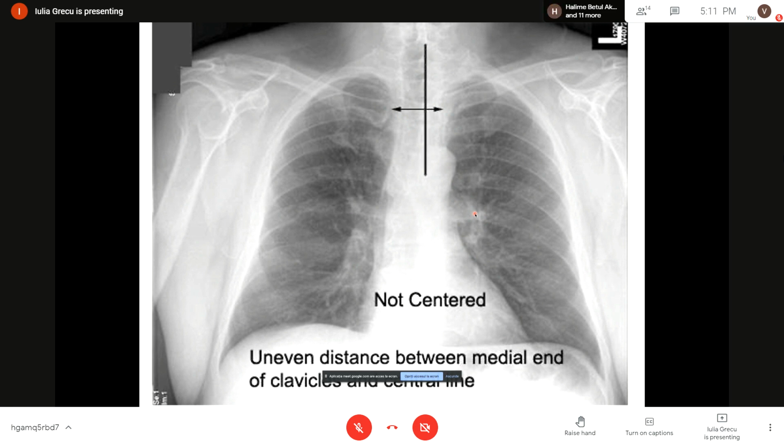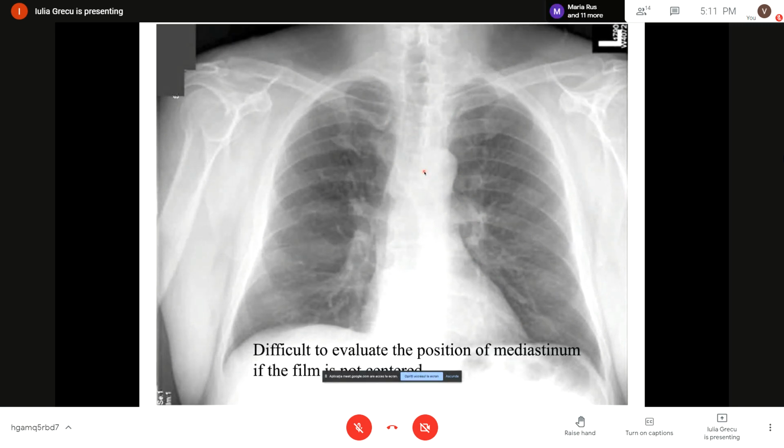So this is the most important thing that you have to assess when you start analyzing your chest X-rays: the equal distances between the clavicles and the spinous processes of the spine. As I said, it is difficult to assess the mediastinum if there is a severely rotated position of the patient. Everything will be disrupted and we cannot make a proper diagnosis.